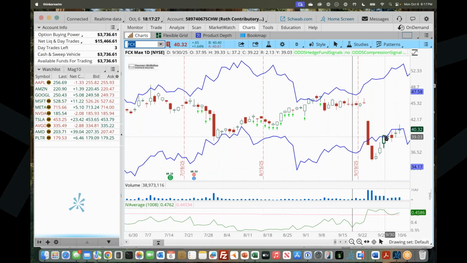We crossed the line at the close. And so on this day in the morning, I didn't get out completely. I rolled down to this strike and took some profits off the table. And just in case it pulls back, it could come back up. We could make money on the put side and we could make money on the call side, which is great. And so we're still in this.